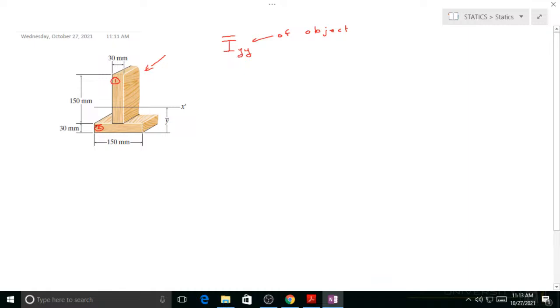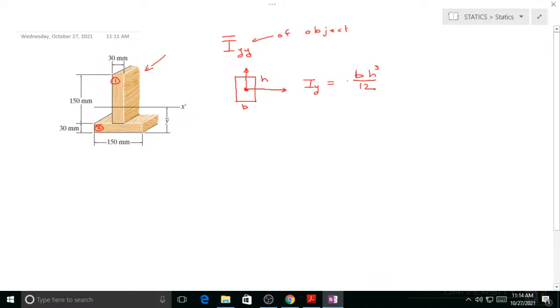Now I know for rectangular sections, because we had that last time, if you had a base and a height and you're looking to find the I, it's 1/12, or usually base times height to the third over 12.